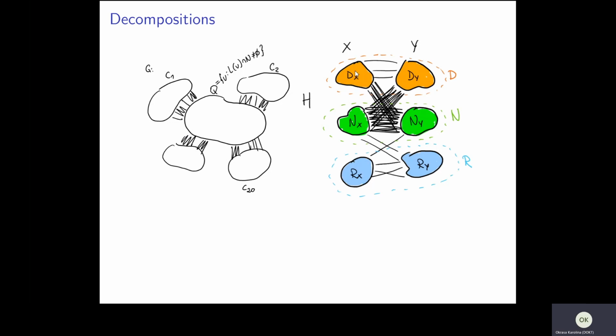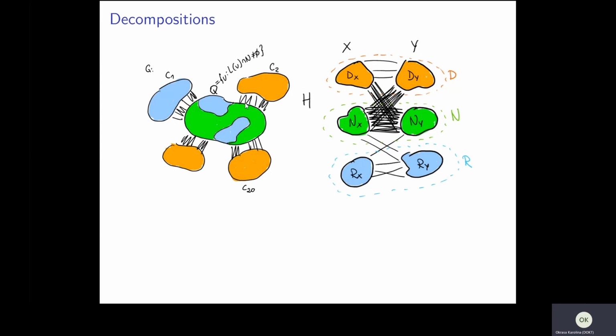Because any vertex of D together with vertices of N forms a comparable set, and we can just safely remove these vertices from D. We also observe that each of these components, as they are connected, must be mapped entirely to D or to R. Because it's connected, it cannot be that some part of it is mapped to D and some other part to R. So the coloring of H can look somehow like this, for example.